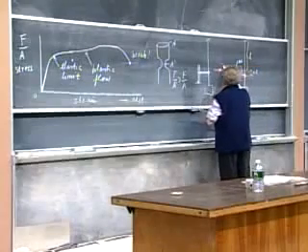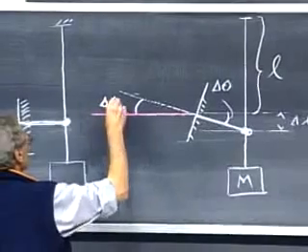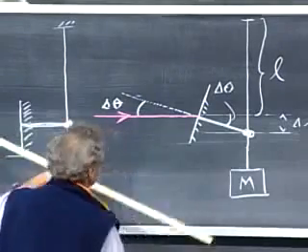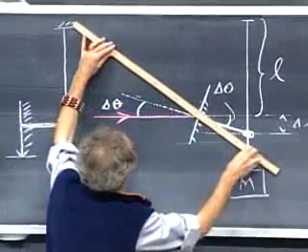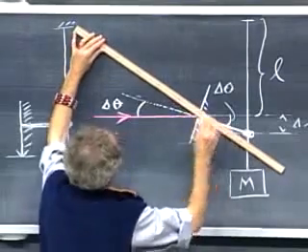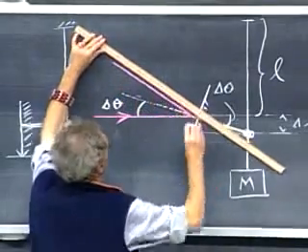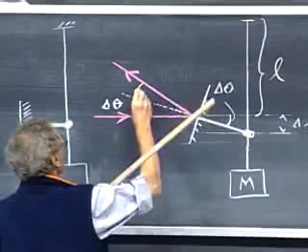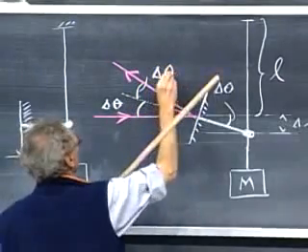So this angle here is delta theta. The laser beam bounces off and returns like so, and this angle, of course, is also delta theta. That's the property of a mirror.